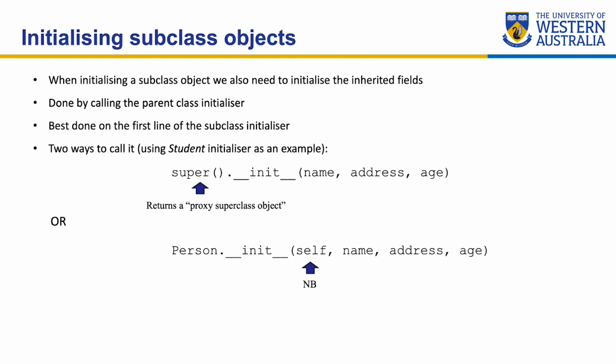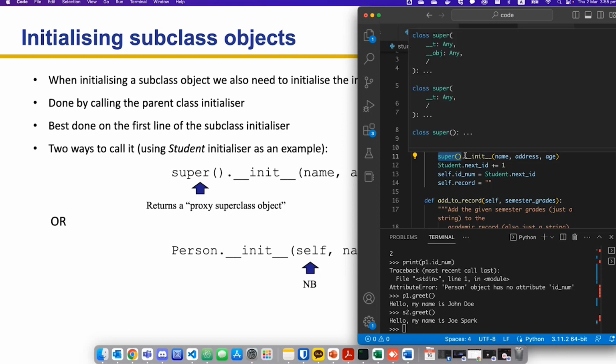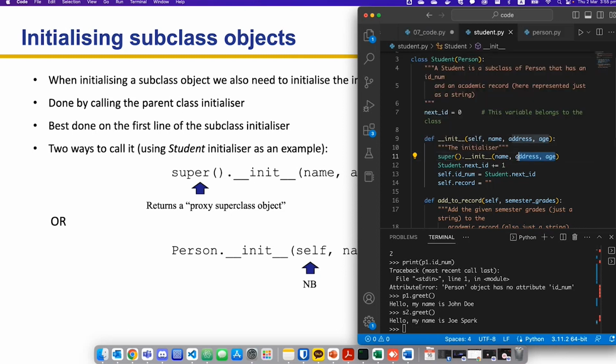And how do we initialize values using the superclass? Well, inside the student class, we have seen this call to super. This is a special built-in function that allows Python to recognize that when it says super, it's going to pass these attributes into the superclass's initialization method.